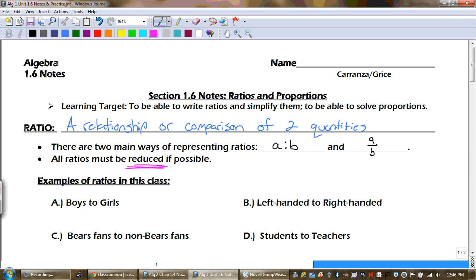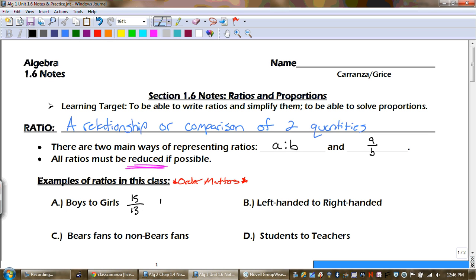Now, examples of ratios in our specific class, and the key thing right here, guys, is when you're doing this, order matters. Very much so. Okay, so boys to girls, for our class we had 15 boys over 13 girls.